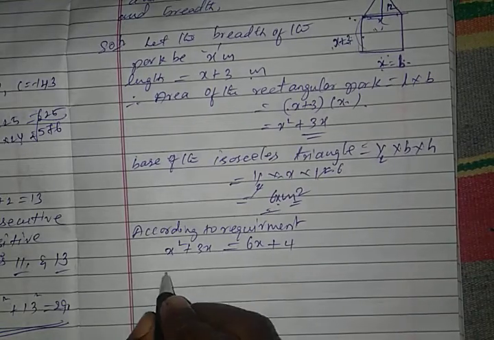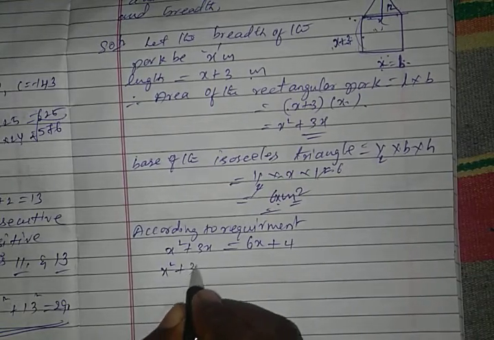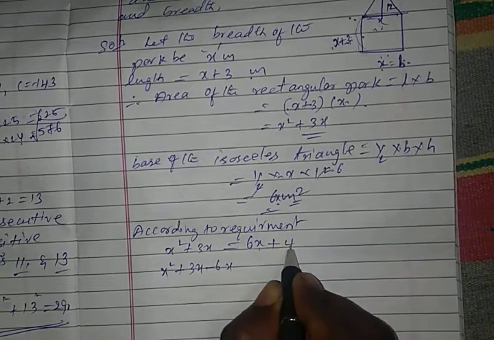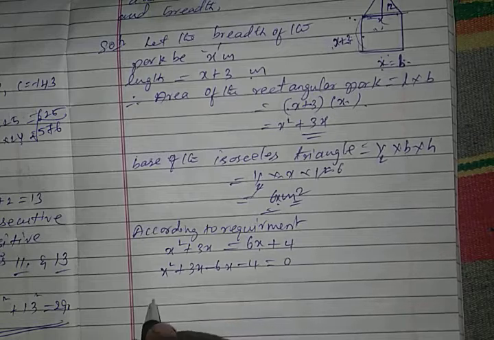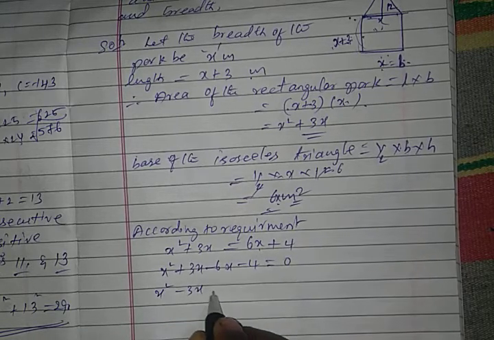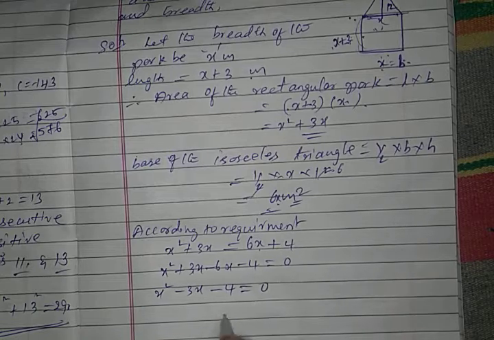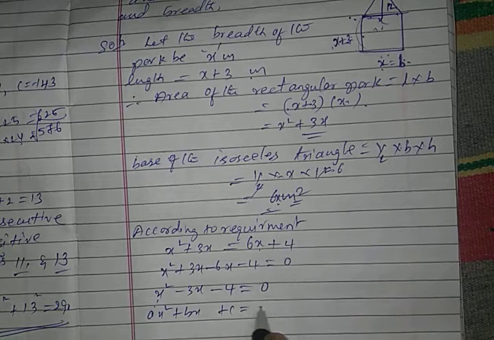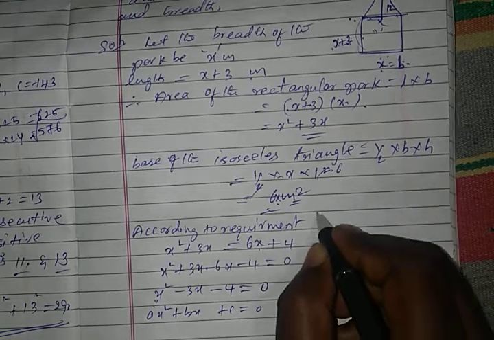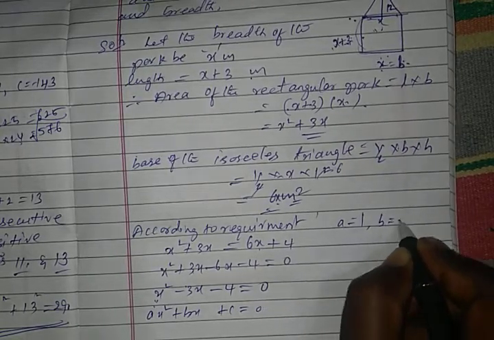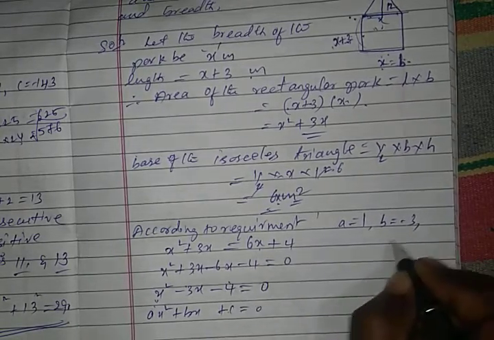So x square plus 3x is as it is, plus 6x becomes minus 6x, and plus 4 becomes minus 4, equal to 0. x square minus 6x plus 3x is minus 3x, and minus 4 is equal to 0. This is in the form of ax square plus bx plus c equal to 0. The value of a is 1, b is minus 3, and c is minus 4.